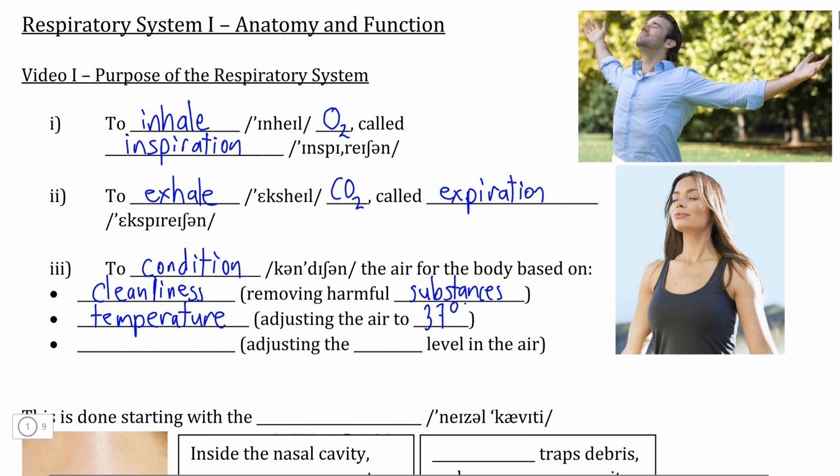And so the respiratory system's job is to adjust the air temperature to approximately 37 degrees Celsius in order to be the same as human body temperature.